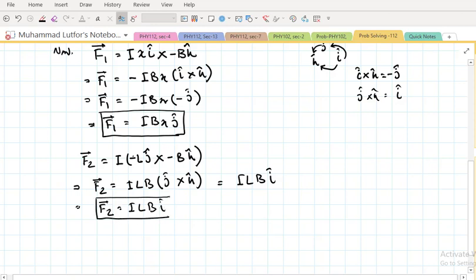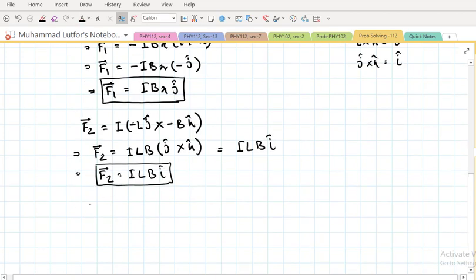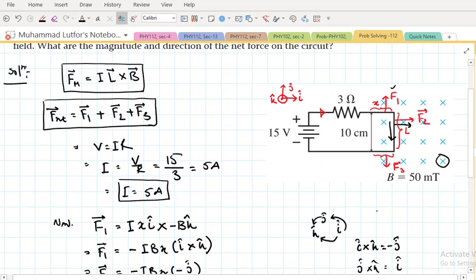Fine. Now what about F3? F3 I can write, so F3 would be I. Now for F3, this is my segment, right? This is my segment over here, and this is towards the negative X direction.